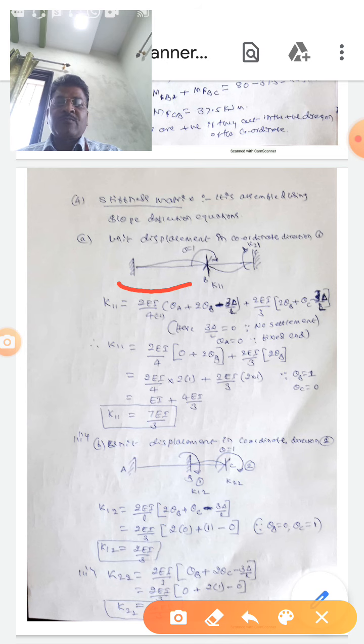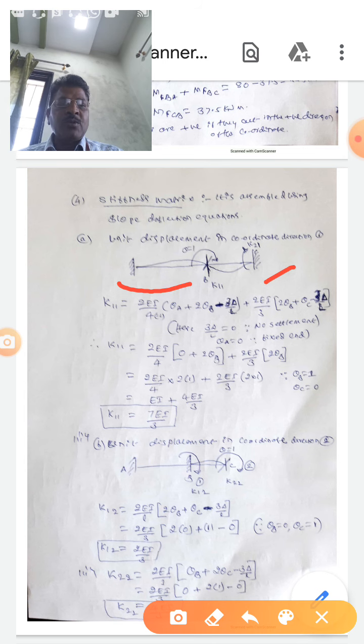Similarly, unit displacement at coordinate 2, that is A, B, C are fixed and rotation is given at coordinate 2, theta C is equal to 1. Therefore we form the K12 matrix. That means the force at coordinate 1 due to the rotation at coordinate 2.